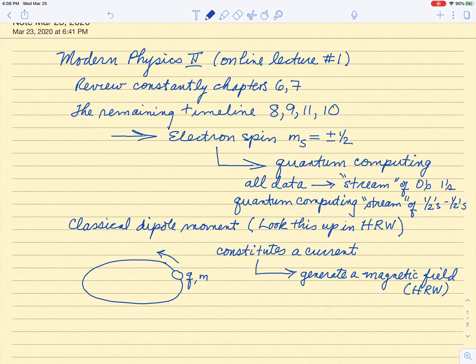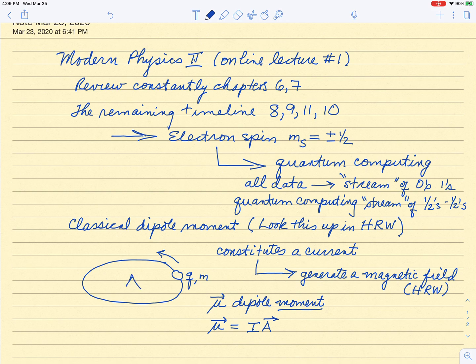So the magnetic dipole moment, by definition, so this is the symbol for the dipole moment. And again, I talked in class about where this term comes from, but you can look that up if you so desire. So the classical dipole moment is going to be equal to the current times the relevant area that current sweeps around.